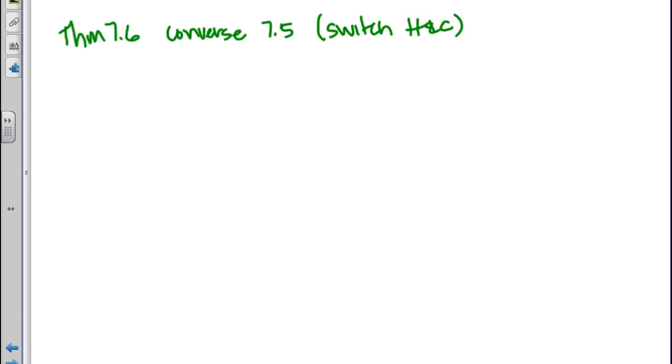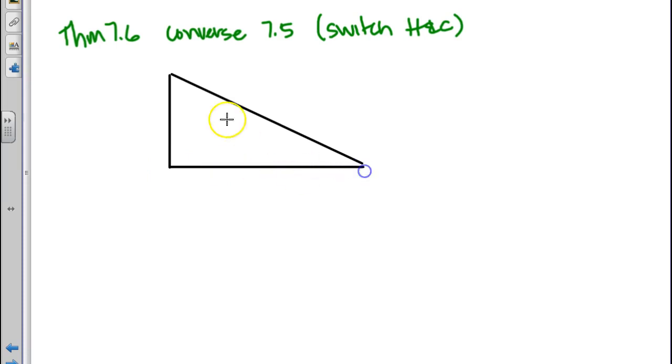All right, so let's draw a picture of that. So here's my triangle.